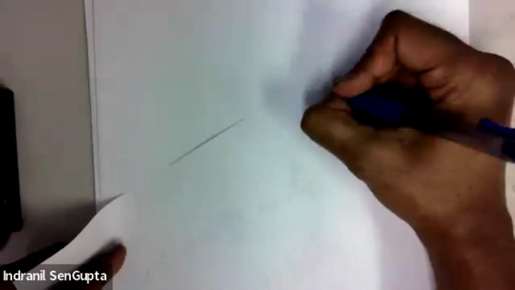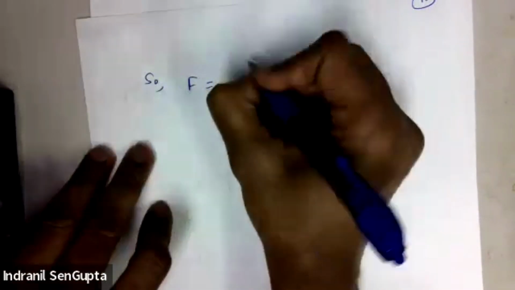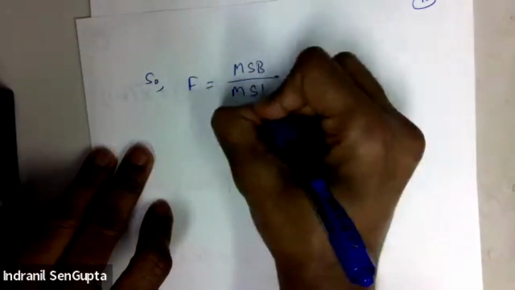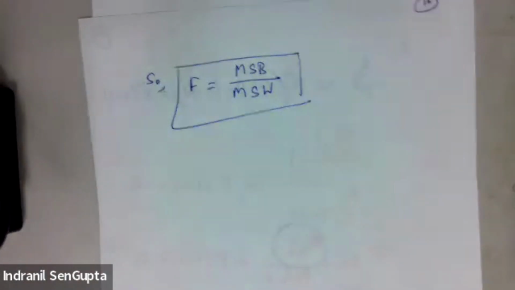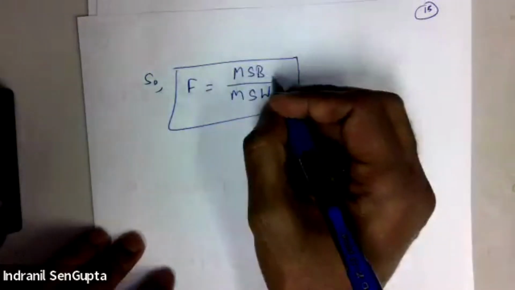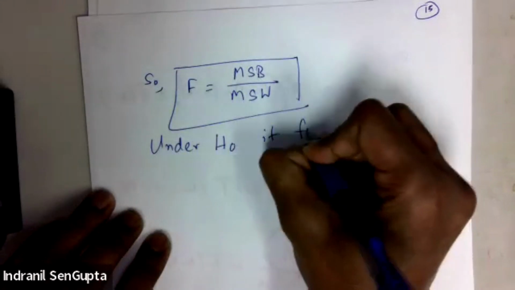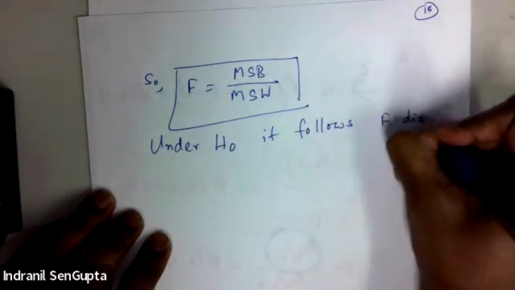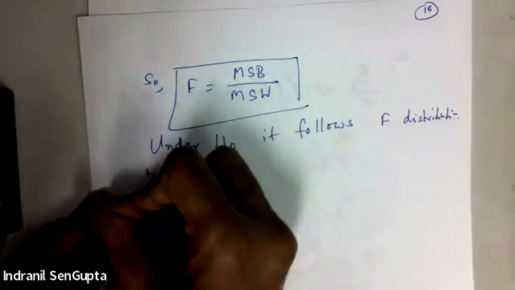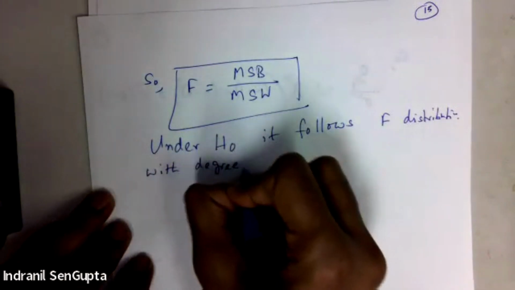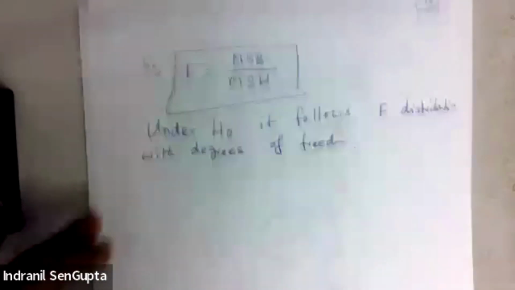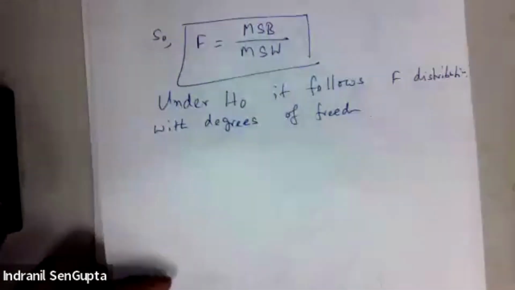So F is really MSB by MSW. Under the null hypothesis, under H0, it follows an F distribution with degrees of freedom, as we mentioned before, b minus 1 and n minus b.